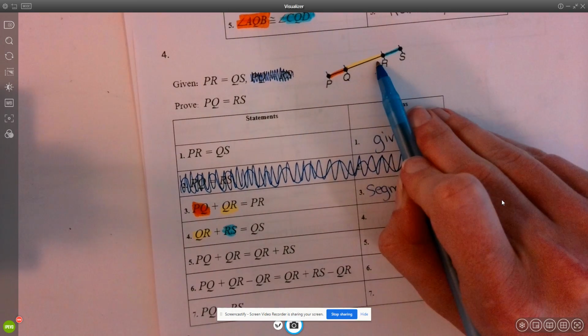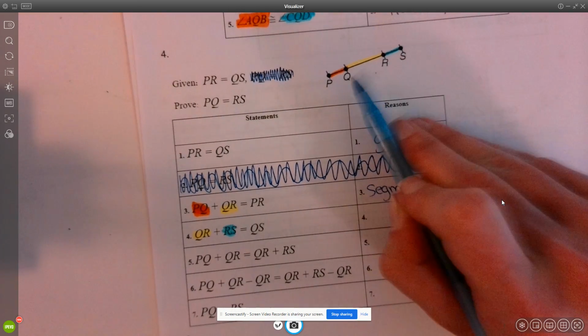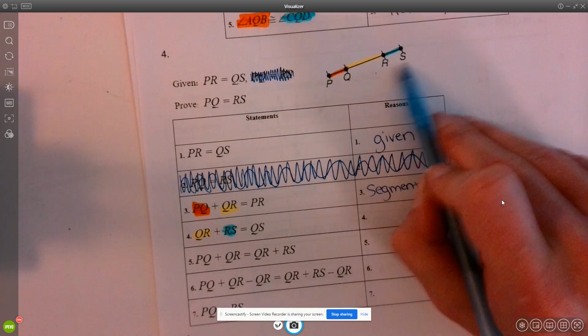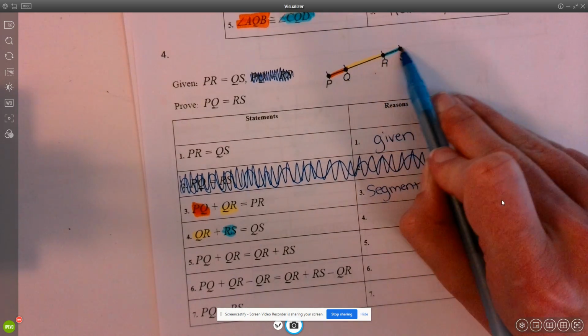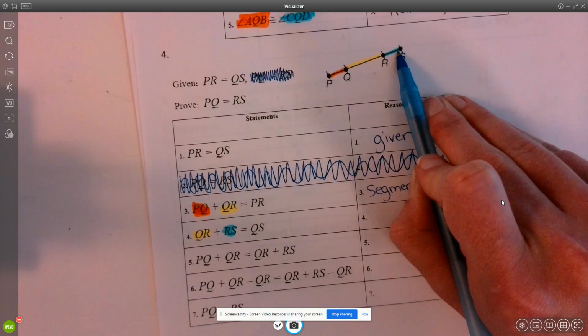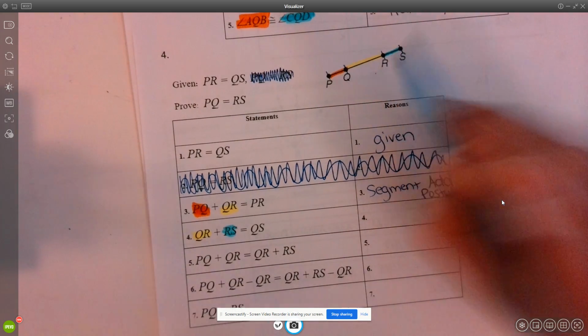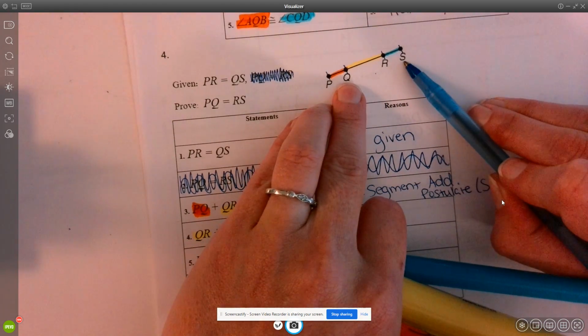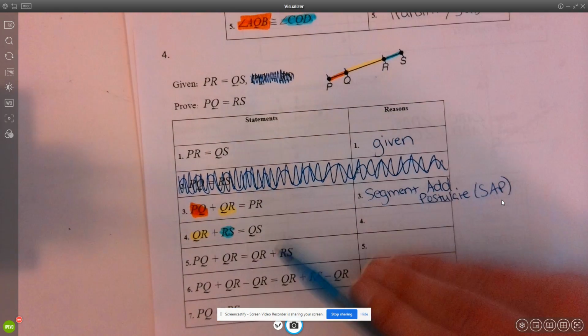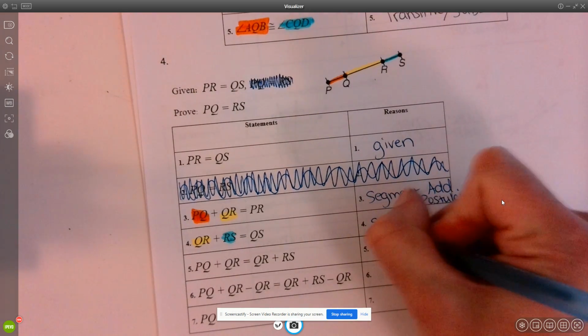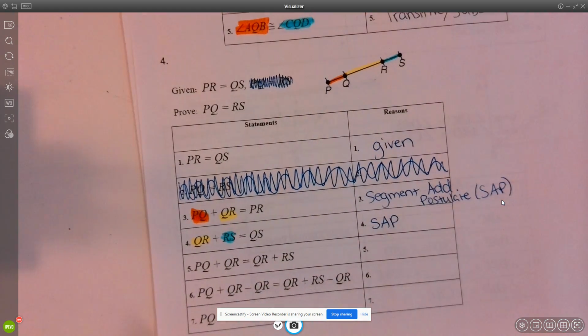So yellow plus blue equals the whole QS. That's another part plus part equals the whole. So again, we're adding 2 little line segments together to get the length of the whole line segment QS. That is another segment addition postulate, SAP.